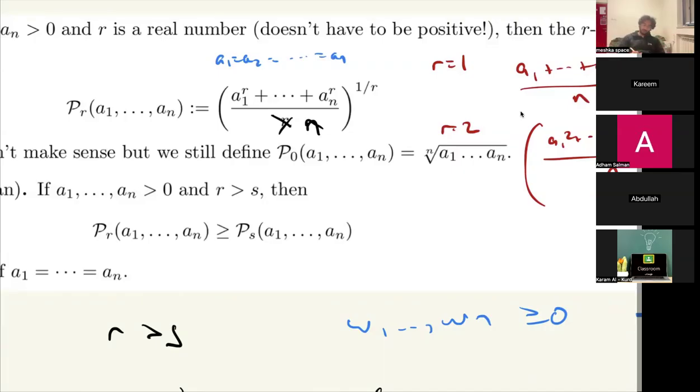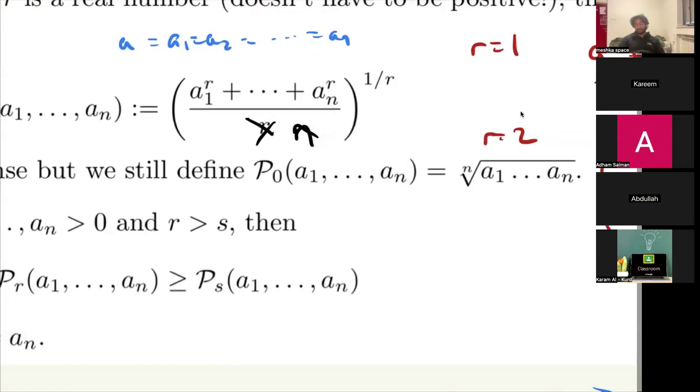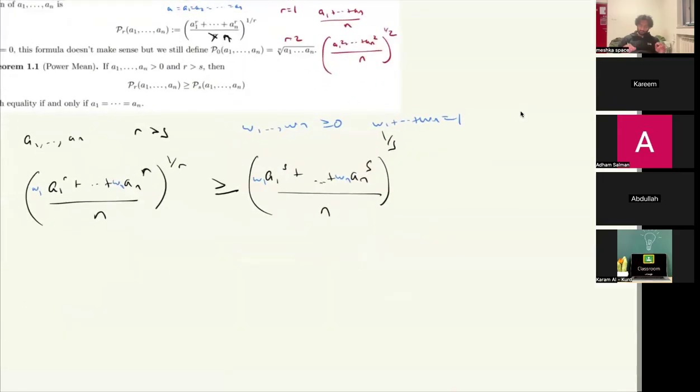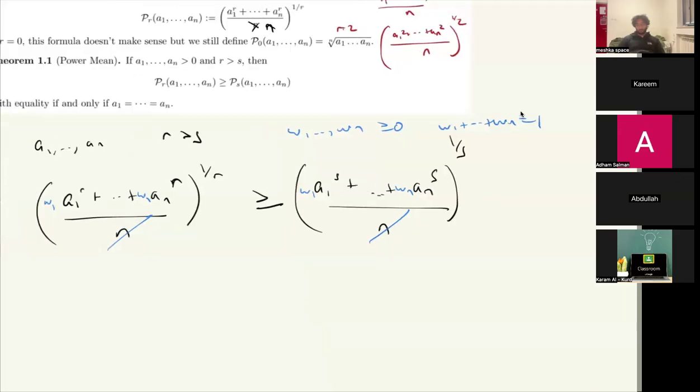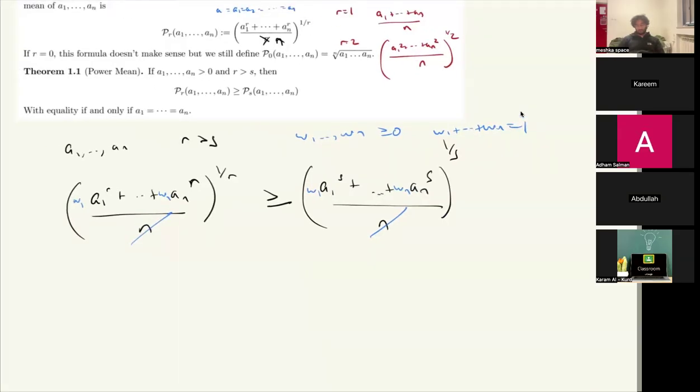So if they're all equal to some number A, arithmetic mean, geometric mean, harmonic mean, no matter how you take the mean, you should get A. And that's what happens here, because I'll get n times a to the r divided by n, so I'll get a to the r to the 1 over r. So it should really be n. And in the weighted version, since it is weights, you don't have a denominator. Does it make sense? What is it?